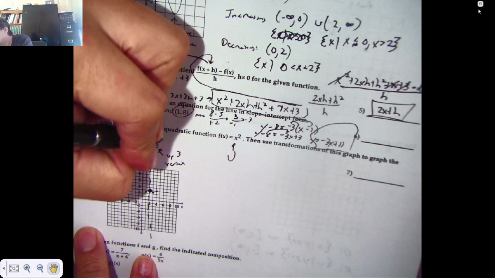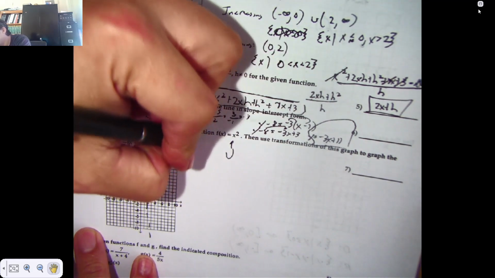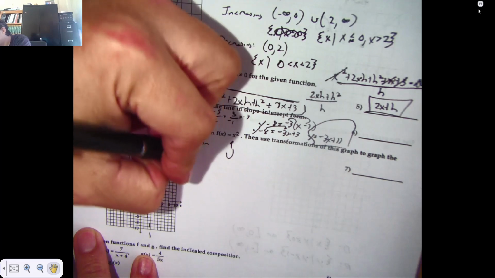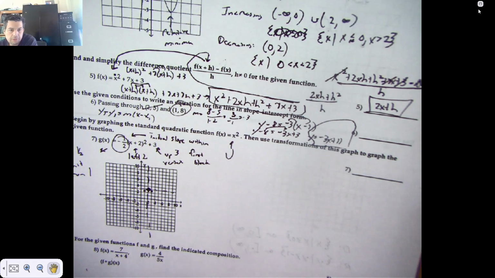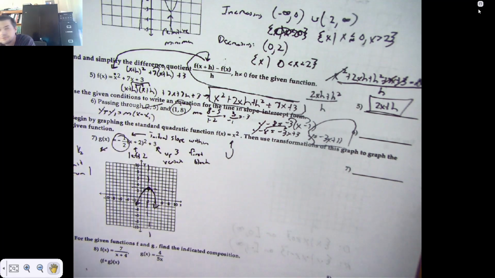That's all it means. Don't overthink it. It doesn't mean fall 1, run 2, because you're only allowed to do initial slope within the first block. I can't do it over 2 blocks. I can't do it over the course of 3 blocks. It all has to be done in the first block. So there you go. That's what she looks like.